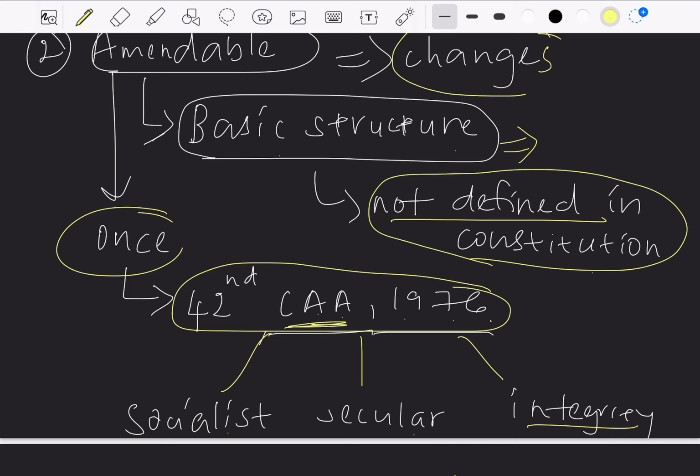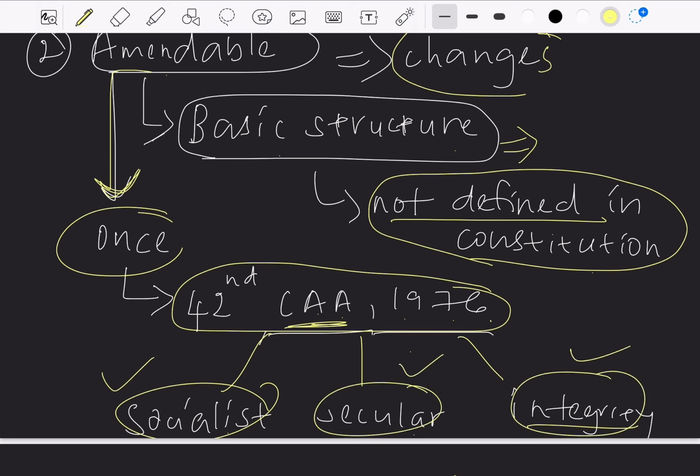Yes, changes were made to preamble once before. That is through the 42nd Constitutional Amendment Act of 1976. Through this Constitutional Amendment Act, 3 words were added to the preamble, that is socialist, secular and integrity. While making amendment to the preamble, one must know that the basic structure of the preamble shouldn't be altered.